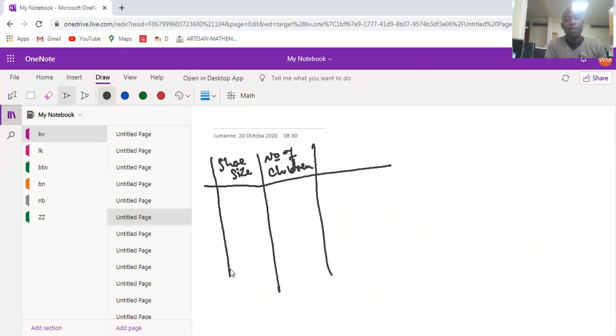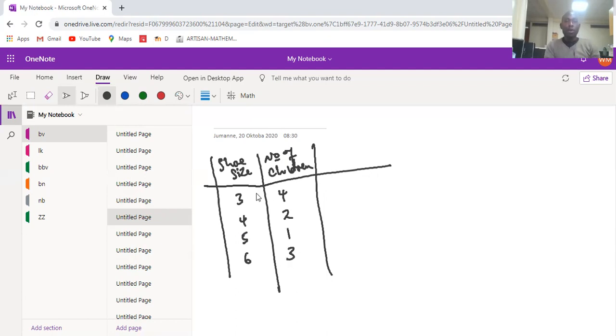You are given shoe sizes 3, 4, 5, 6, like that. And then the number of children who wear shoe size 3, there may be 4. This one, there may be 2. Size 5, there may be 1. And this one, there may be 3.